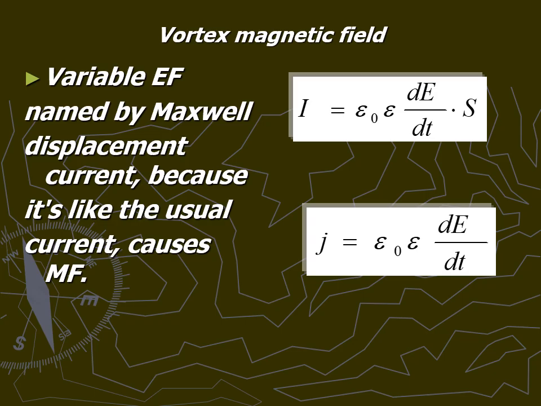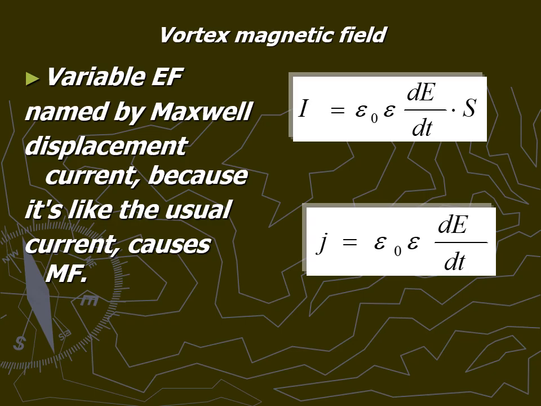The displacement current can be calculated according to the following formulas. It is the electric constant multiplied by the permittivity of the substance, multiplied by the rate of change of the electric field strength, and multiplied by the area. In this case, we mean the area between the capacitor plates, between which there is an alternating electric field.